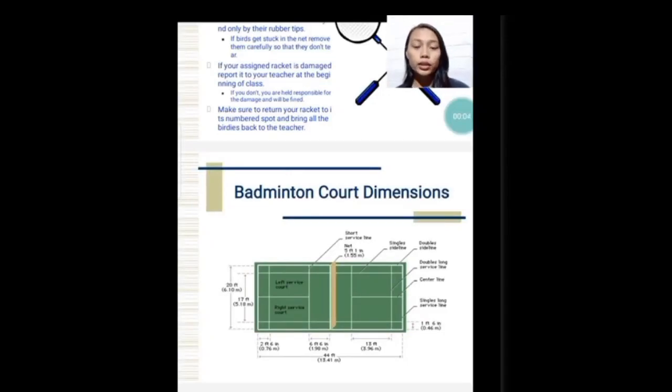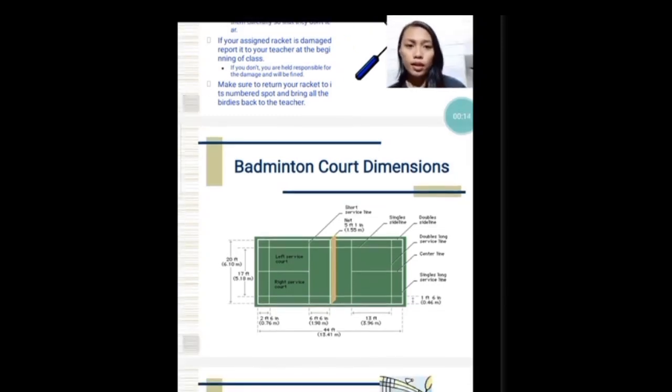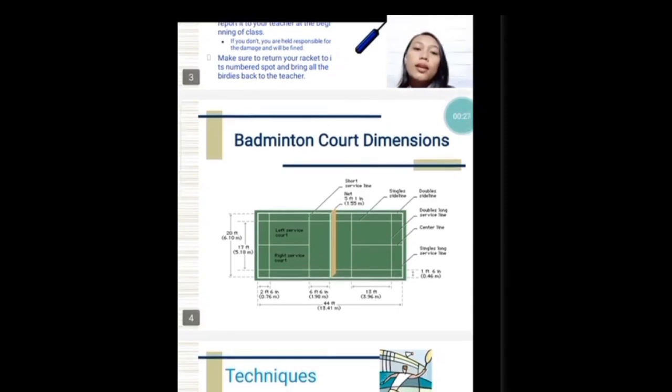Badminton equipment. We all know that in order to play badminton, we will need all the equipment needed. The first equipment is called a racket. A racket is used to hit the shuttlecock in a badminton game. The racket can be described in 4 parts. The first part is the head, the second is the throat, the third is the shaft.